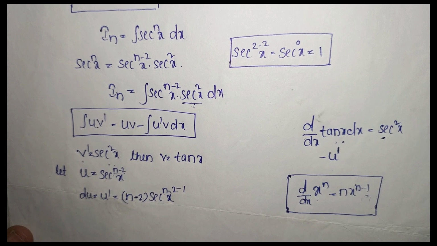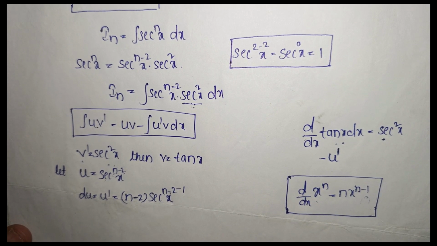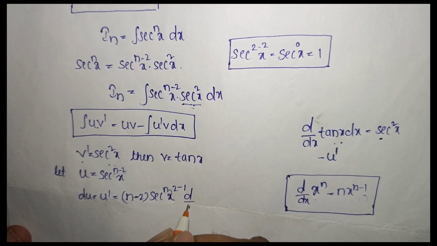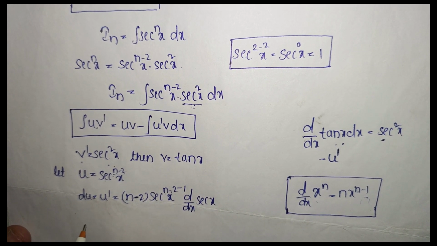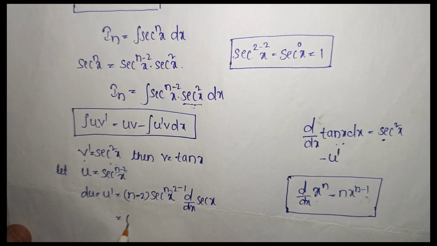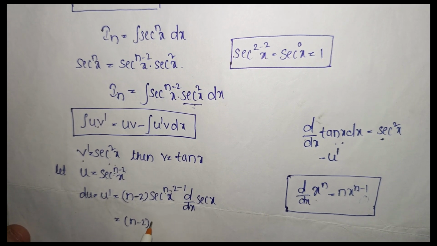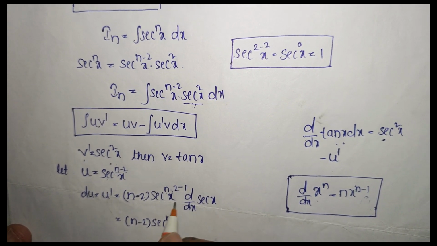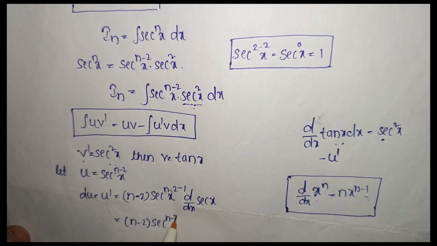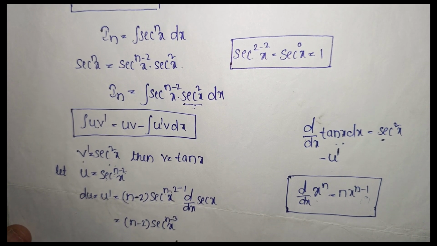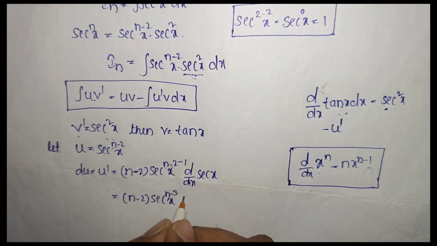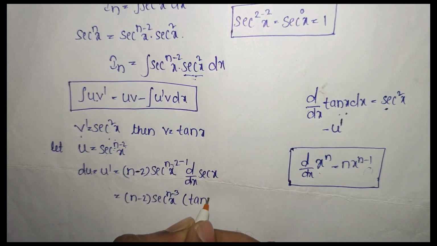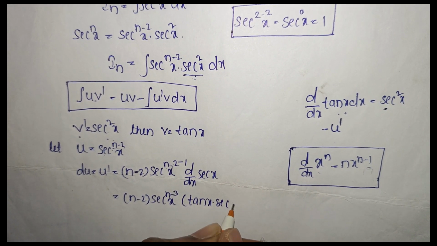But here we have secant x, so we also have to find the derivative of secant x. n minus 2 minus 1 is minus 3. So what is the derivative of secant x? The derivative of secant x is tan x secant x.